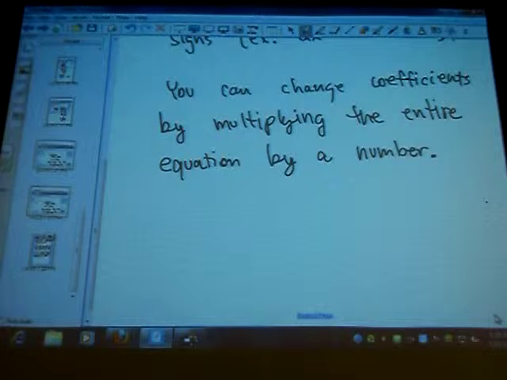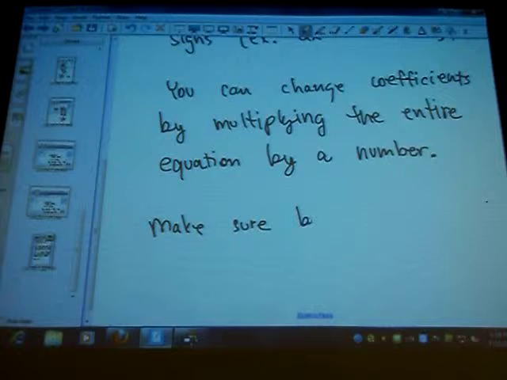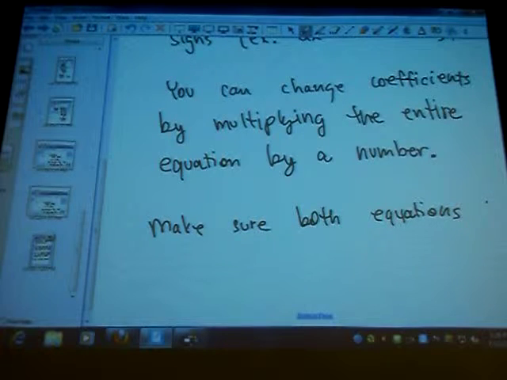Okay, now the last thing you need to be careful about, and this isn't usually a problem, but sometimes it is if they're trying to trick you, is make sure all the equations are lined up the right way.